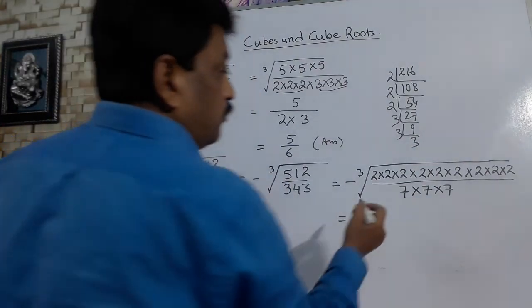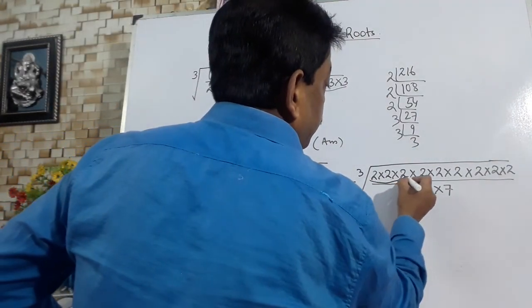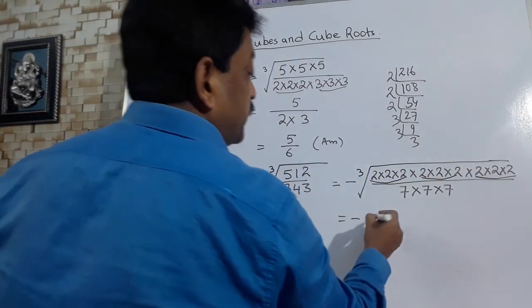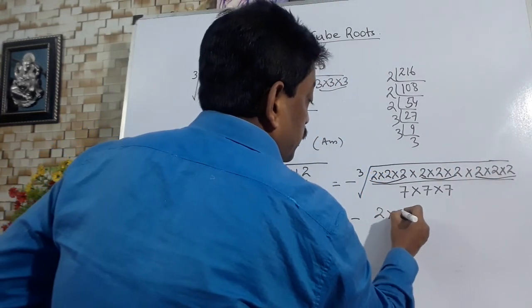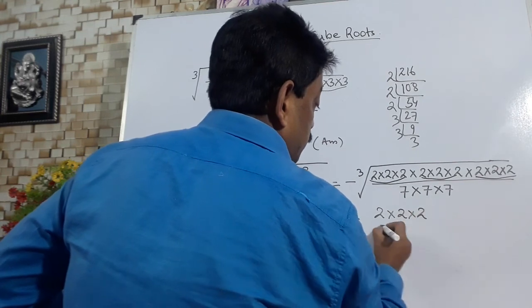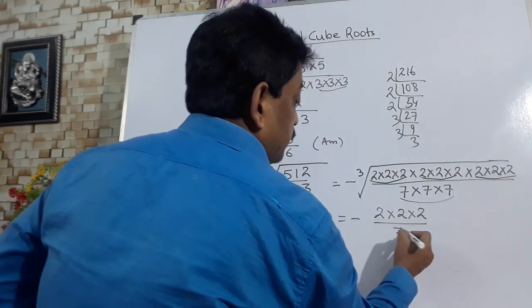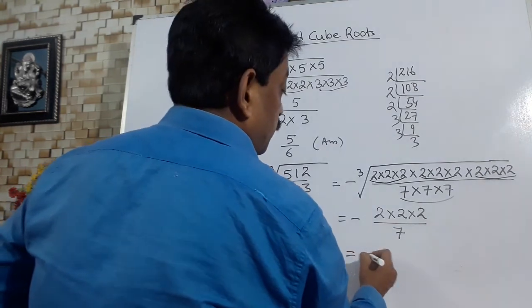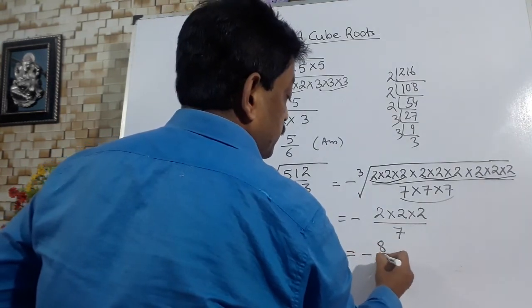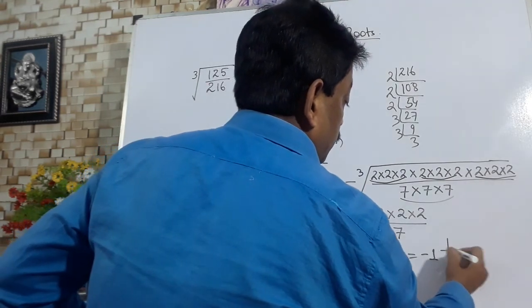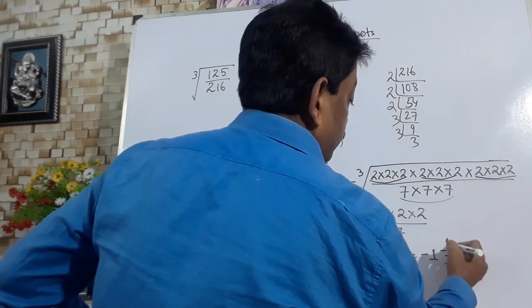Now according to the rule, one member from each triplet will come out. There are 3 triplets, so 2 into 2 into 2 will come out. Similarly from the denominator, one member will come out, that is 7. So it will be minus 8 upon 7, which is also written as minus 1 and 1 upon 7 in mixed fraction.